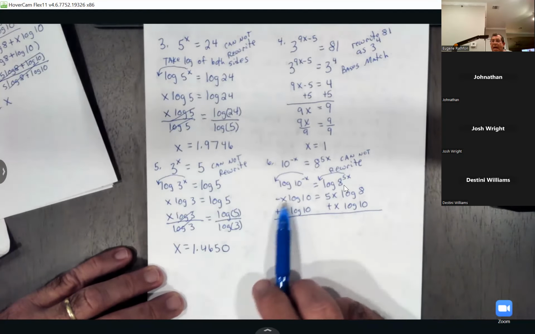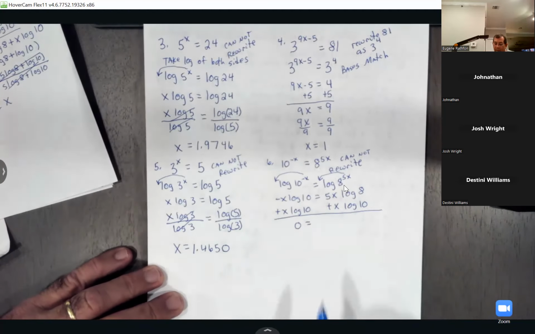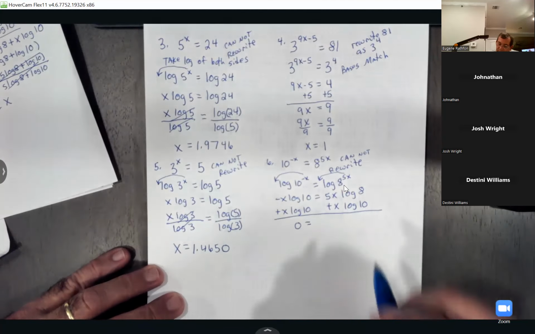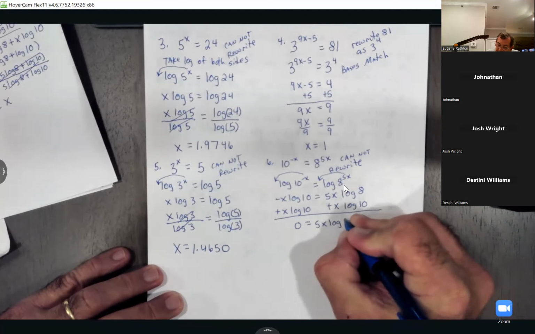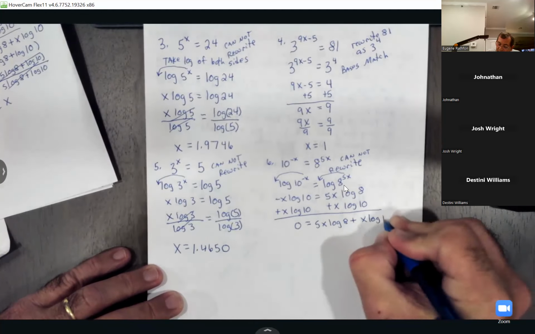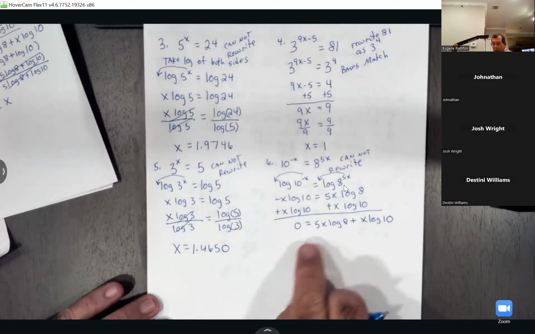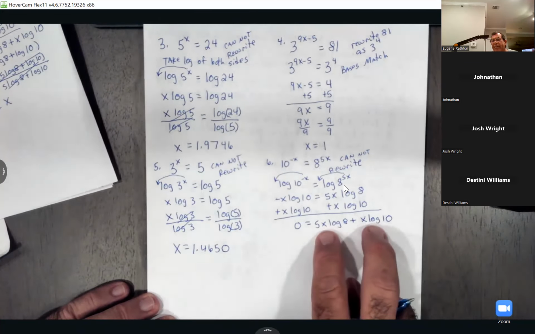On the left side is now a big 0. These are not like terms, so I'm just going to go 5x log 8 plus my x log 10. So notice, all I've done so far, I've got my x's on the same side.